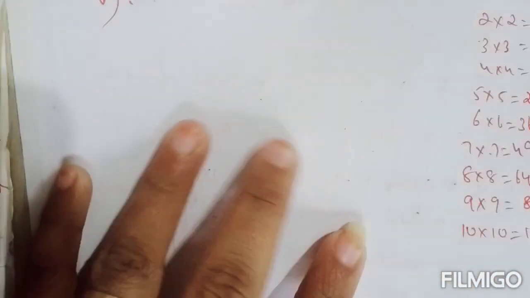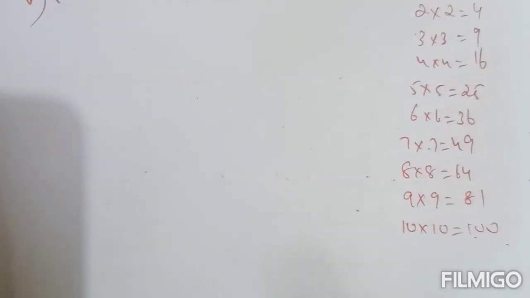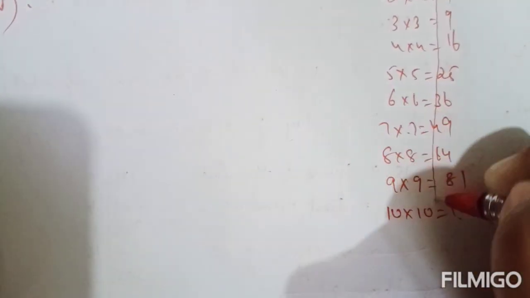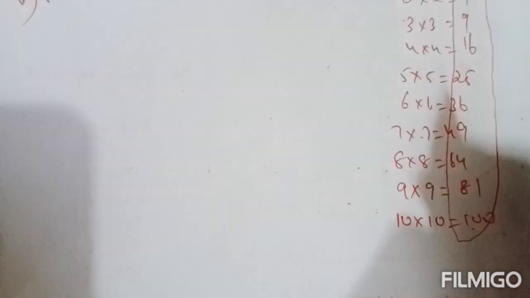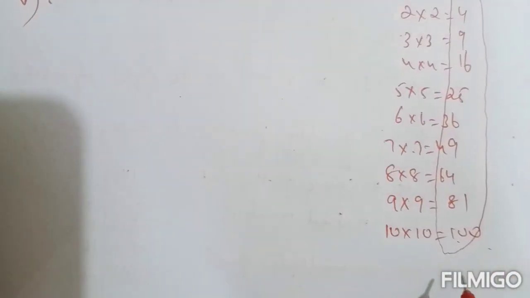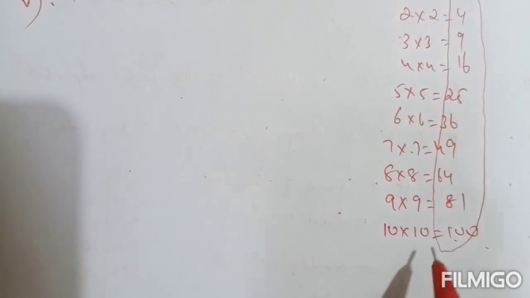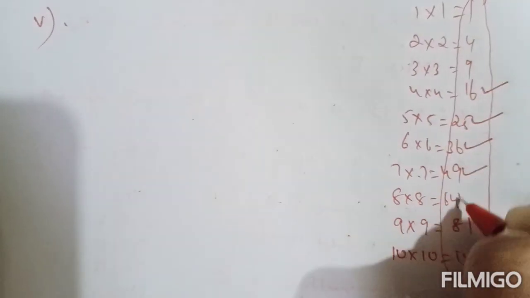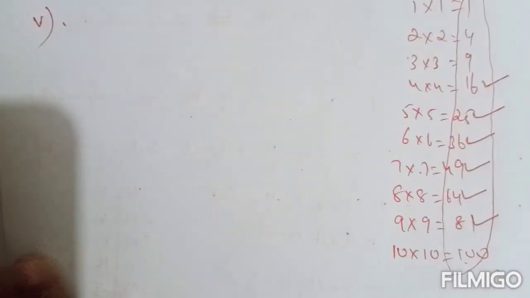So 3-digit number it came. So what all numbers we can take here? These are perfect squares. Among that, 2-digit numbers are 16, 25, 36, 49, 64 and 81. Okay.